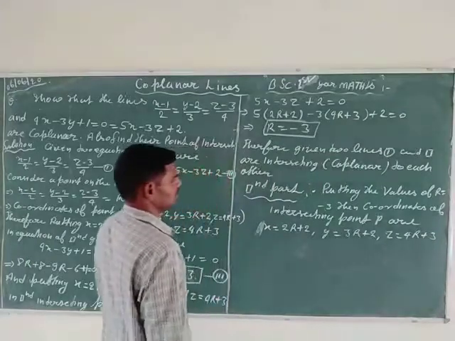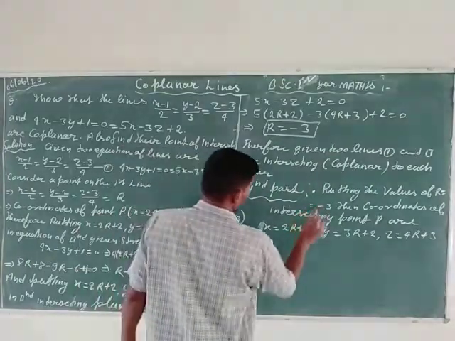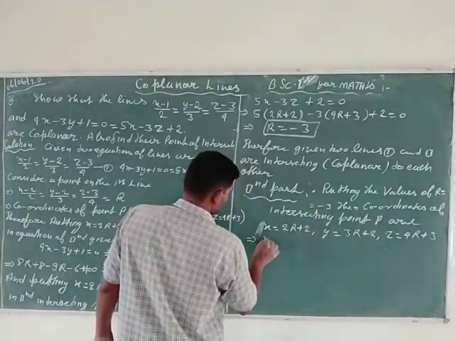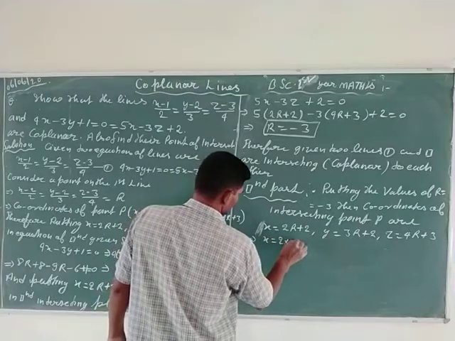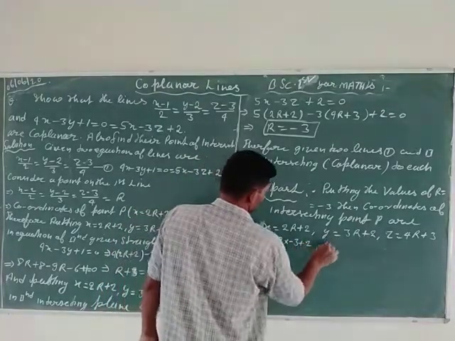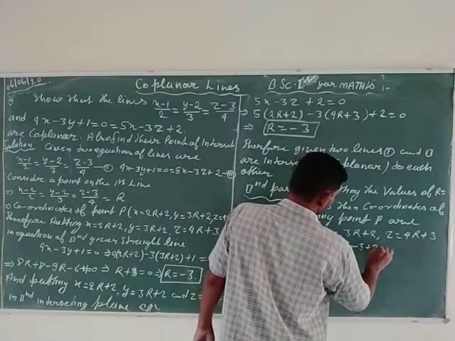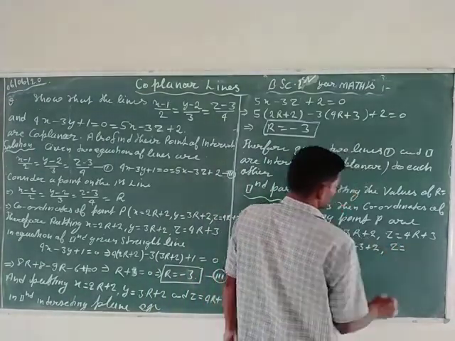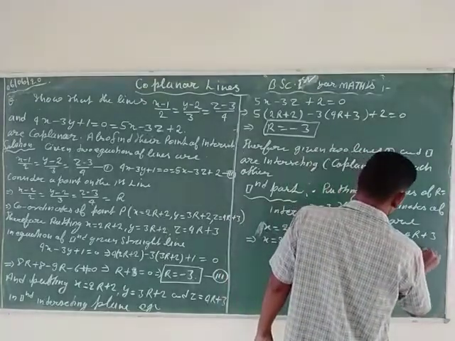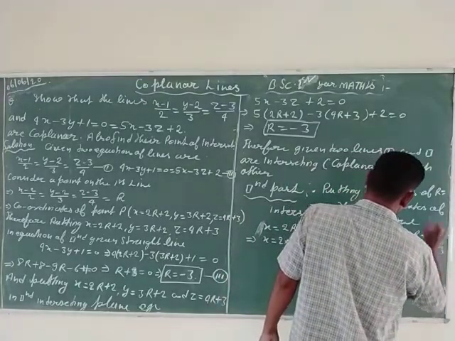Putting r equal to minus 3, it implies that x is equal to 2 into minus 3 plus 2, y is equal to 3 into minus 3 plus 2 and z is equal to 4 into minus 3 plus 3.